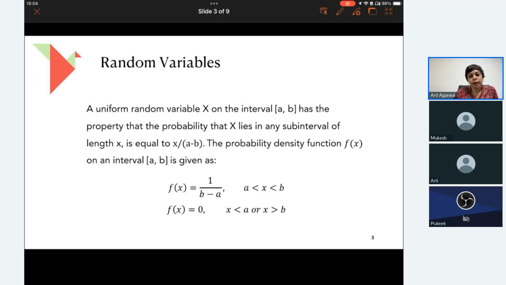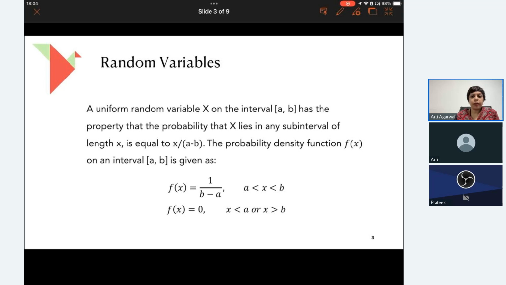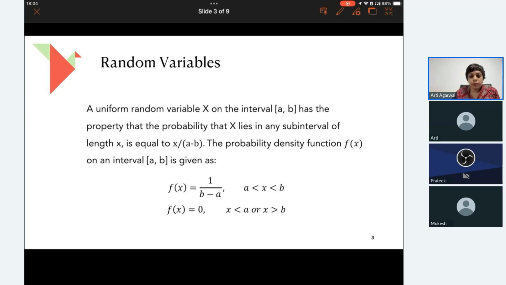And if you need to calculate the probability that the random variable is lying in that interval x, it may not be tiny, actually x can be any length x. So if any subinterval x accommodates the random variable capital X, as a side note, generally in probability theory, we denote a random variable as capital X, and its realization as small x, or capital X with some subscript, right?